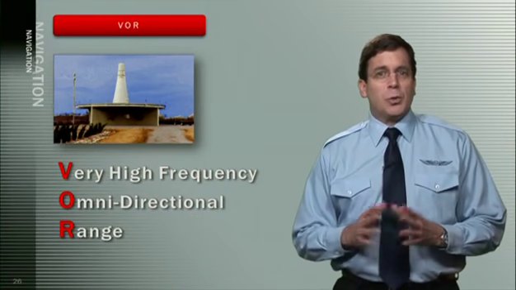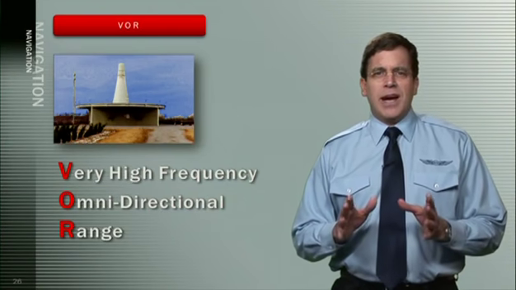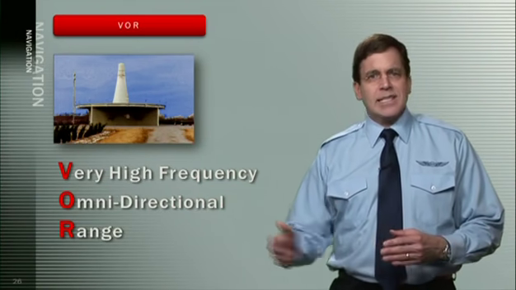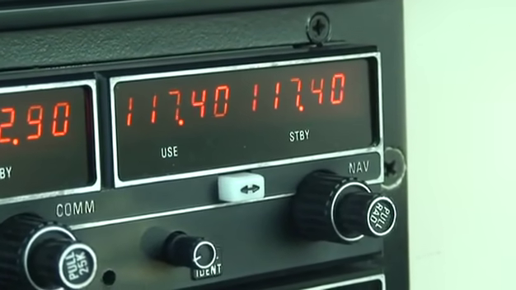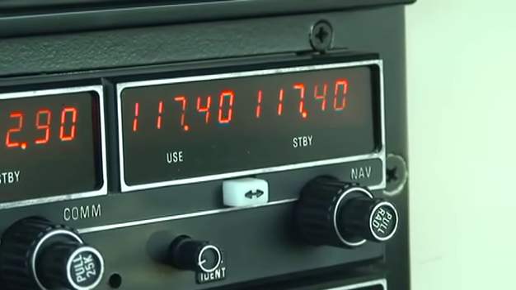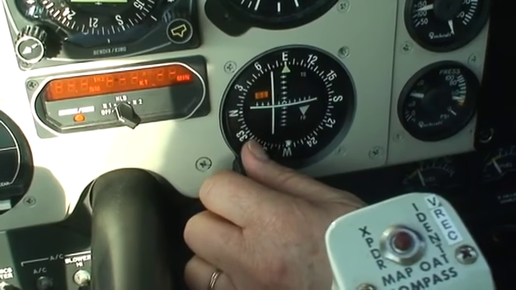When DME is installed with the VOR, it's referred to as VOR/DME and provides both azimuth and distance information. The VOR components consist of a ground-based transmitter and a corresponding VOR receiver in the aircraft.